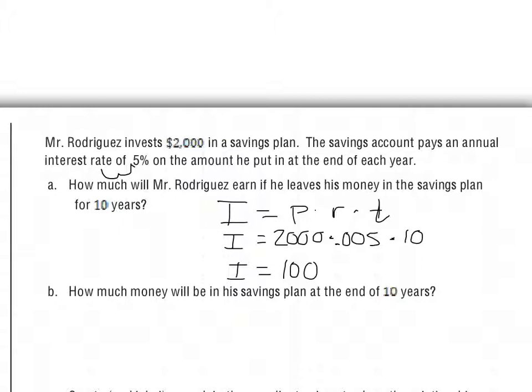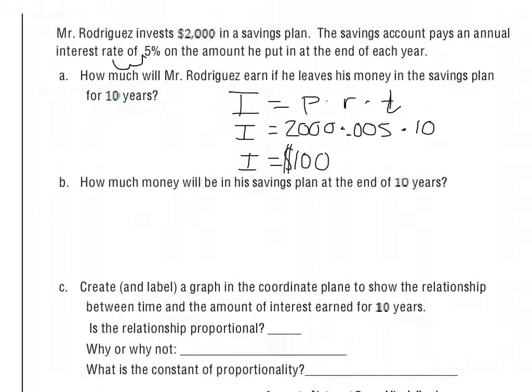All right, so $100. And the question is, how much money will the savings plan have at the end of 10 years? So remember, at the end of 10 years, your balance is going to be equal to the interest plus the principal. So that's the $100 plus the $2,000 that we originally invested. So our total balance is $2,100.